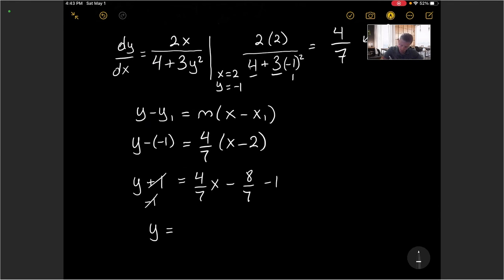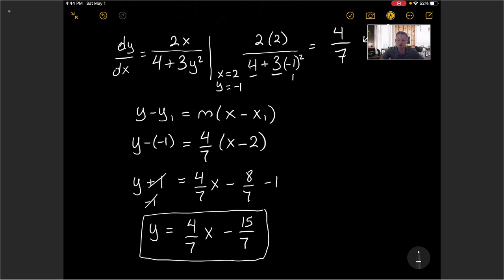We'll still have 4 over 7 as our slope, and then our intercept is negative 15 over 7. So there's our slope-intercept form, and we have our point-slope form above that.